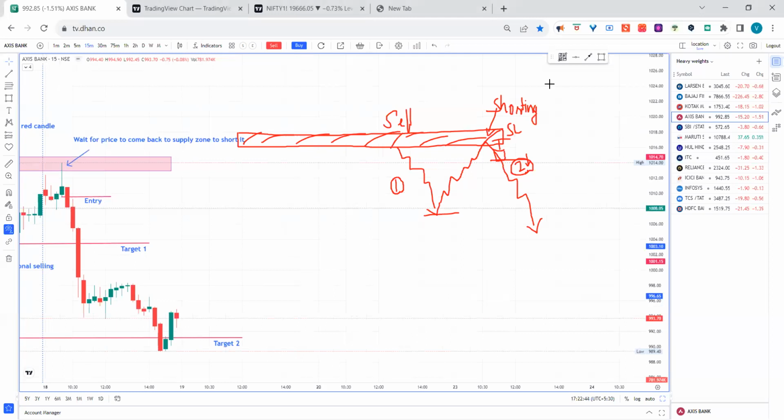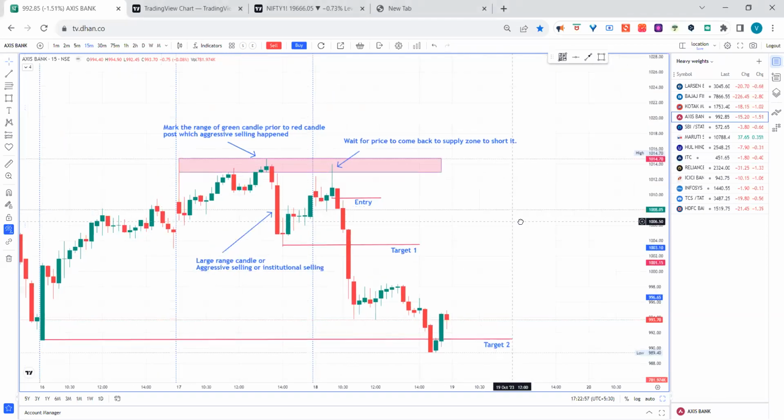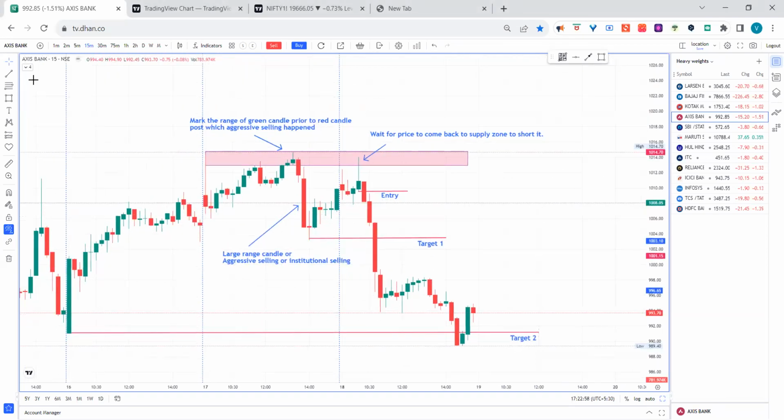Let me first clear these drawings. As you can see, this is the example of Axis Bank, today's chart on a 15-minute time frame. This was Axis Bank's yesterday, the 17th, and this is today's price action.